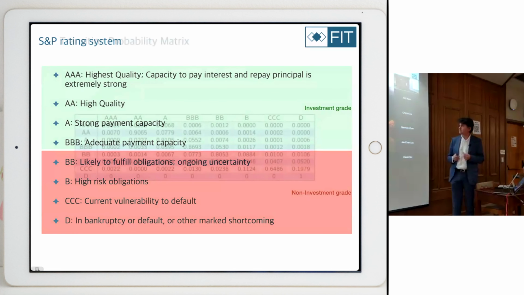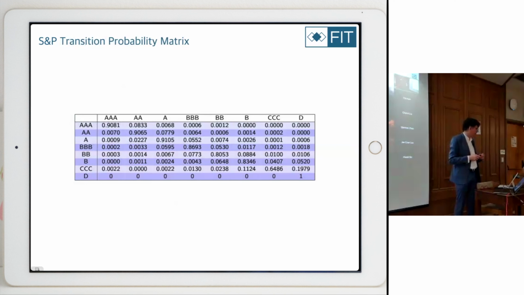All right. Now I have here for you, for your inspection and your admiration and pleasure, the S&P Transition Probability Matrix of a certain year. And like I told you, credit rating agencies not only give you the rating, they actually give you the whole matrix, okay?